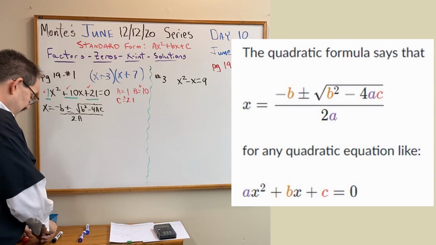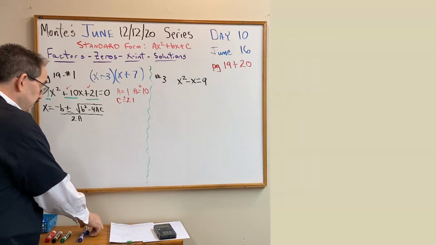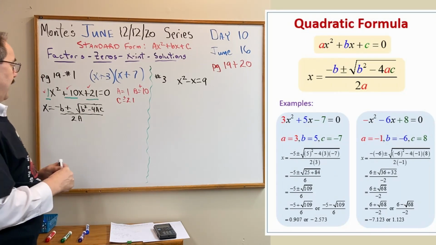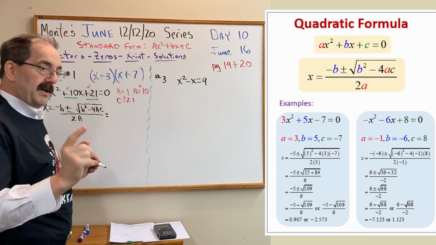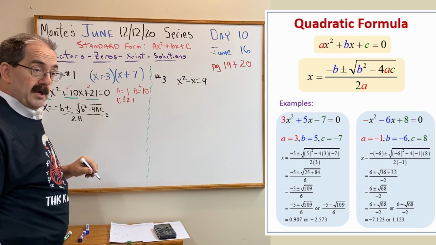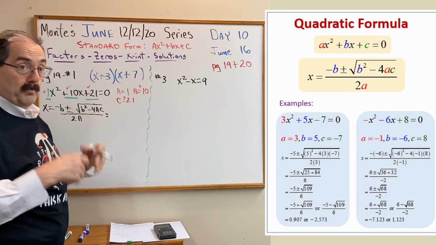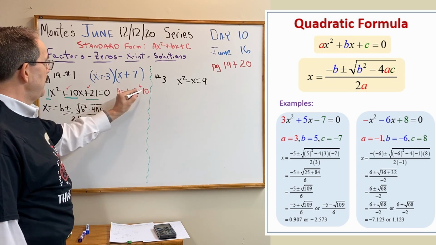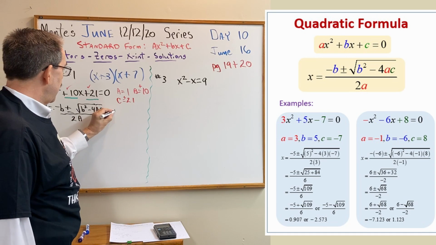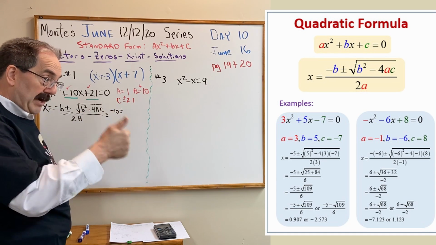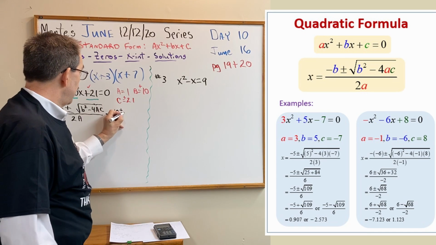Now, remember what we chant in class. Substitute, replace, solve. All right. So, we're going to substitute for each of these letters. We're going to substitute those numbers. Replace. As we rewrite it, we replace it, and then we solve. All right. Opposite of B. Opposite of B. Negative 10. Plus or minus, because the square root is positive, negative.